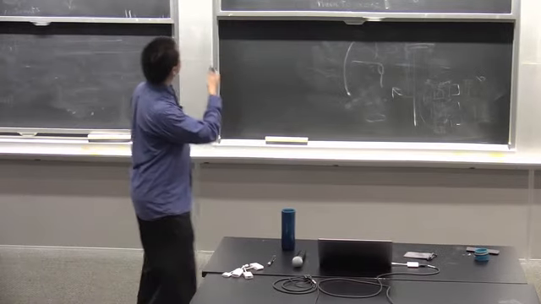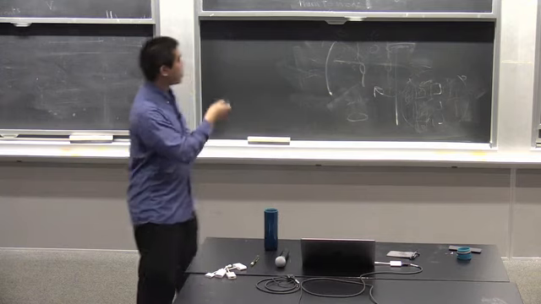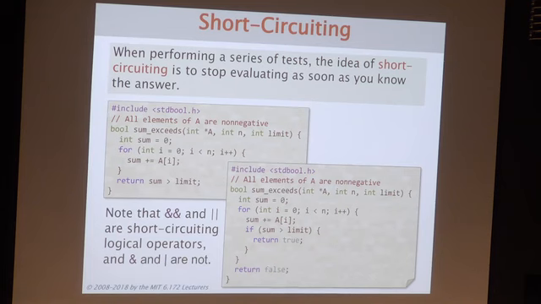Okay, and I want to point out that there are short-circuiting logical operators. If you do double ampersand, that's a short-circuiting logical AND operator. So if it evaluates the left side to be false, it means that the whole thing has to be false, so it's not even going to evaluate the right side. And the double vertical bar is a short-circuiting OR.